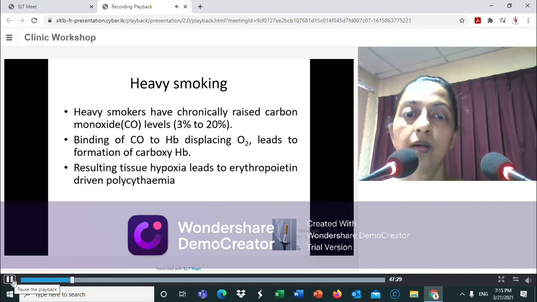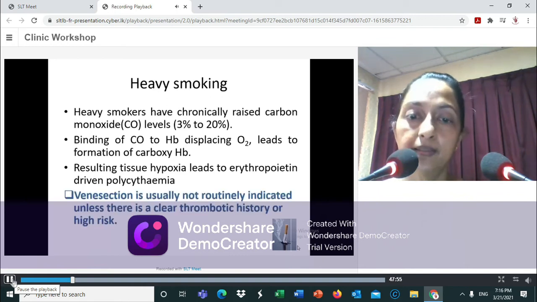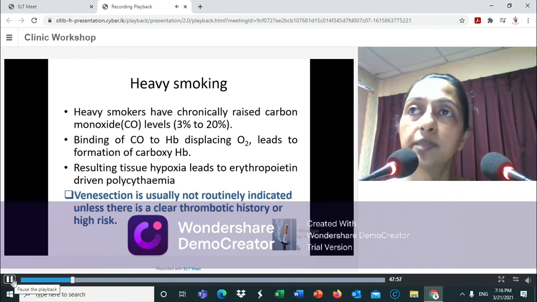Once the percentage in the blood goes up, the oxygen delivery capacity is reduced because a certain percentage of hemoglobin can't bind oxygen. So there is tissue hypoxia, which leads to erythropoietin-driven polycythemia. Okay? But in these patients, again, there is no hematocrit cutoff for venesections.